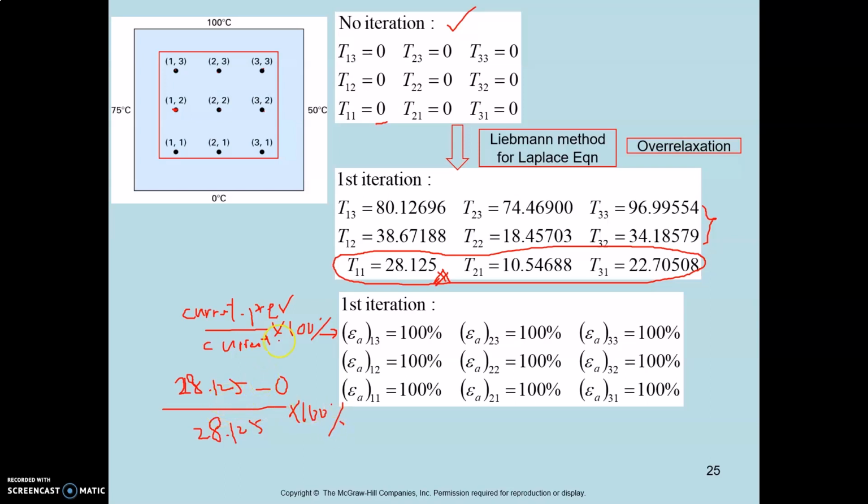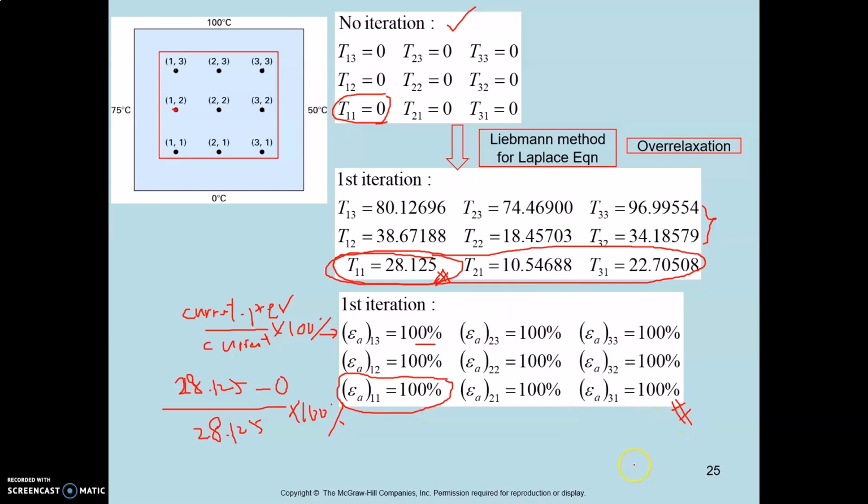So you can see the error is 100% for the first point. When we compare, we should compare like this. If you continue for all the calculations, you will find that all points have 100% error.